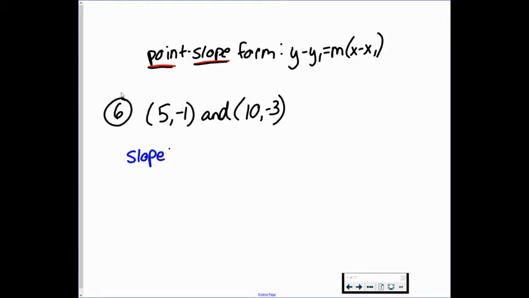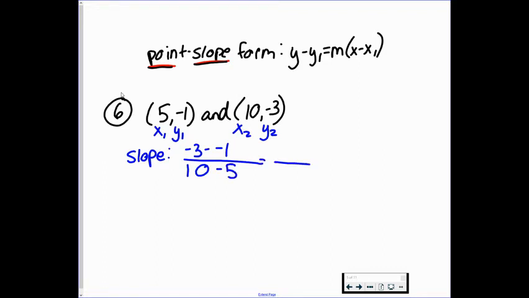We can do that using our slope formula, x1, y1, x2, y2. Now we're just going to plug that into that slope formula: -3 minus -1 divided by 10 minus 5.